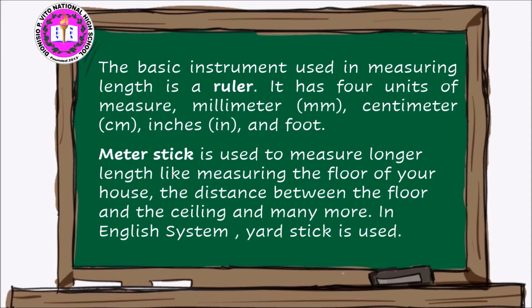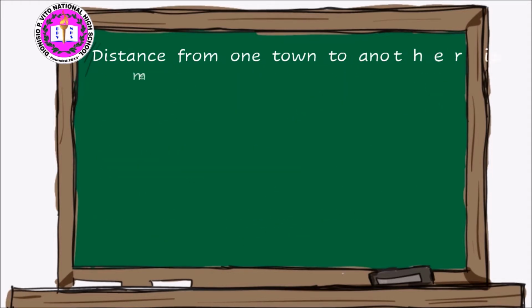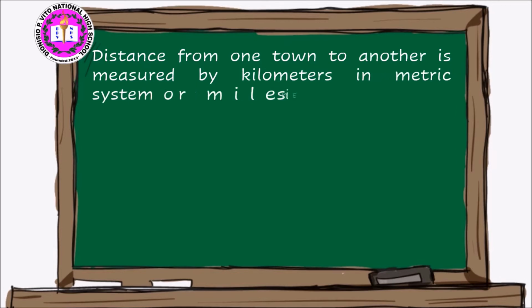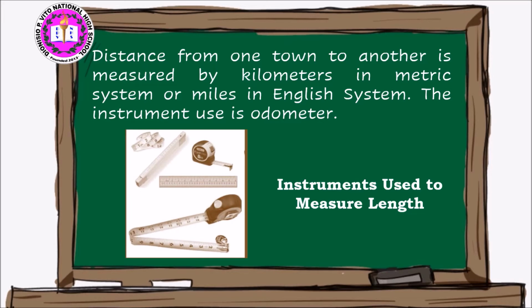In the English system, yardstick is used. Distance from one town to another is measured by kilometers in the metric system or miles in the English system. The instrument used is the odometer. These are the instruments used to measure length.